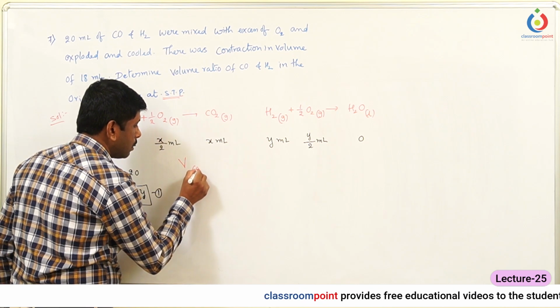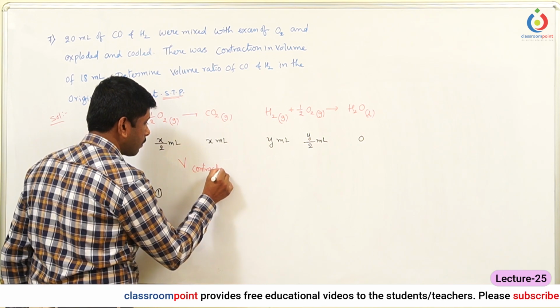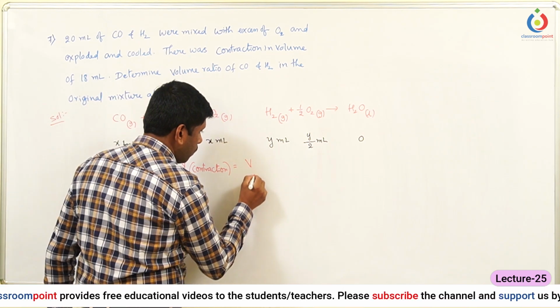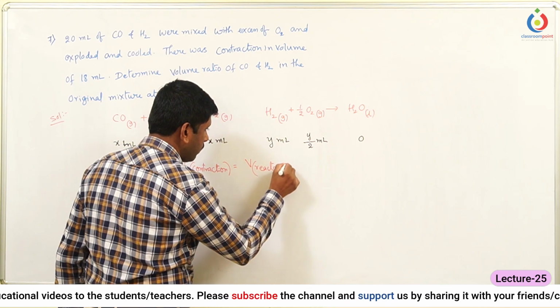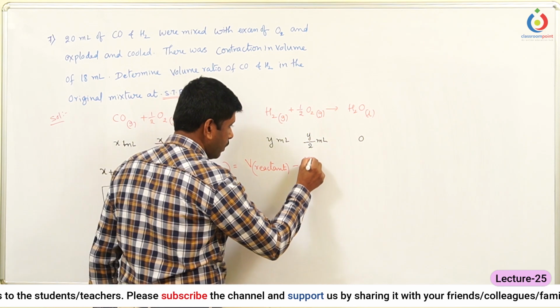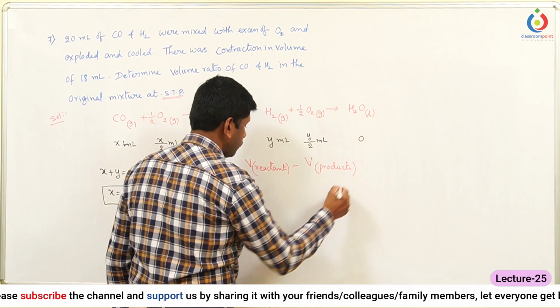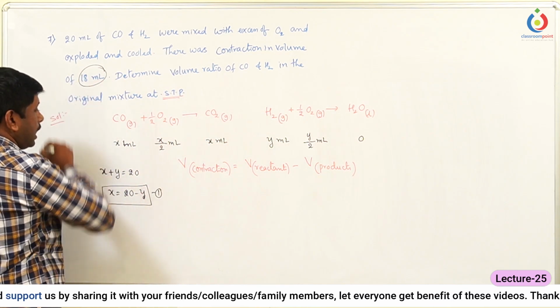Volume in contraction is equal to the total volume of the reactants minus the total volume of the products. So how much volume was reduced? It is 18 ml.